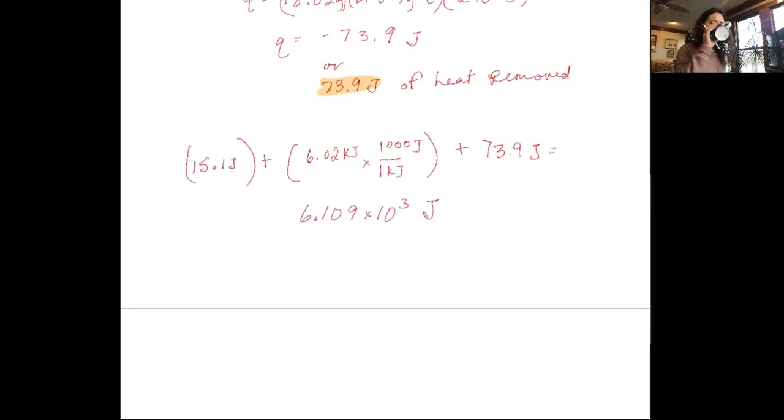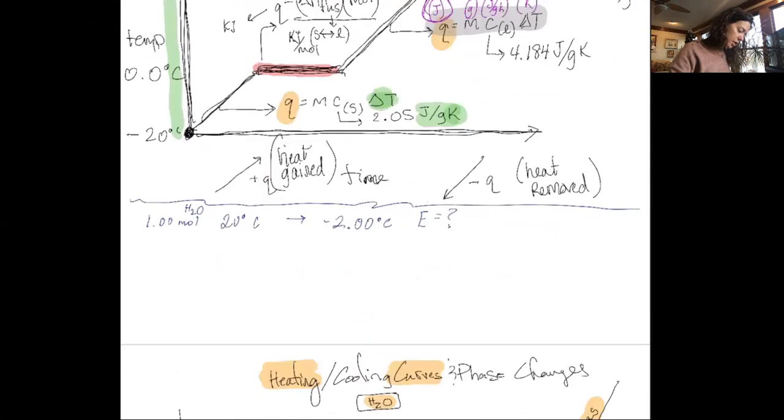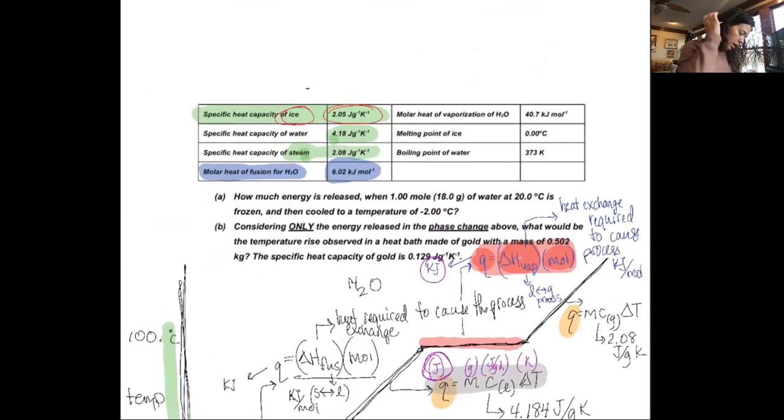Maybe 6.11 times 10 to the 3rd joules. Or maybe you put that into kilojoules and you got 6.11 kilojoules. All right, now let's finish this because there's another question. Consider only the energy released in the phase change. Okay, all that energy was released.